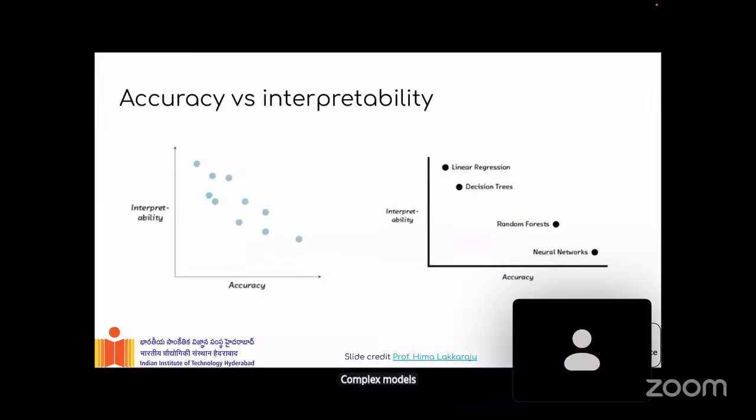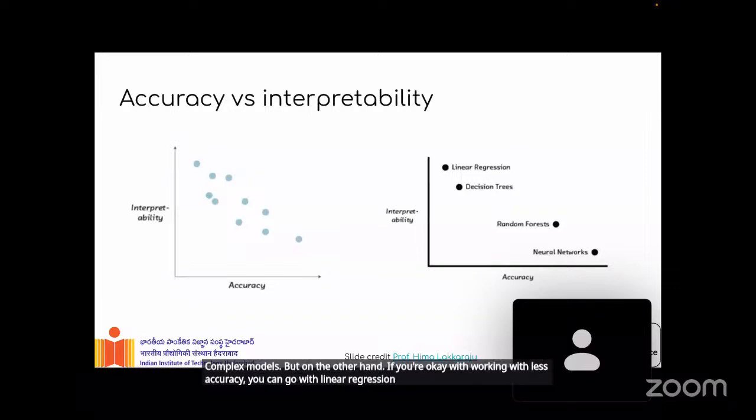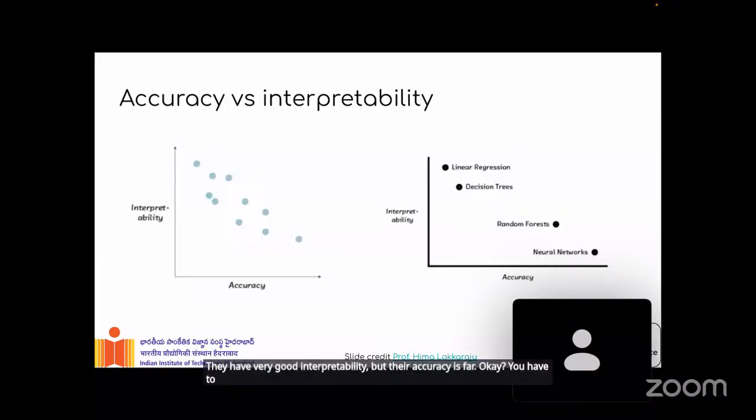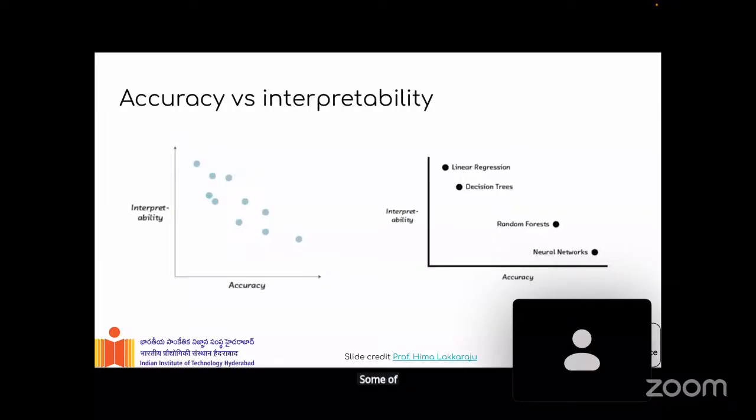On the other hand, if you are okay with less accuracy, you can go with linear regression or shallow decision trees. They have very good interpretability, but their accuracy is poor. Keep this in mind: some models have good interpretability but poor accuracy, while strong accuracy comes at reduced interpretability. Depending upon what you need, you pick.